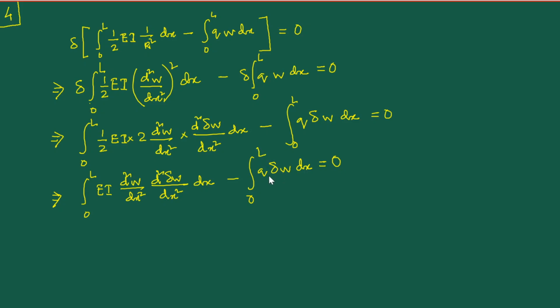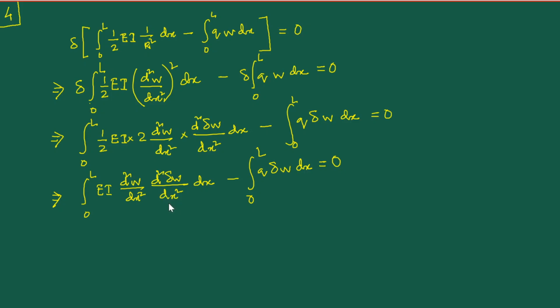Both of these are integrations from 0 to L. What we would like is a term which does not involve any such derivatives, rather only the first variation delta W, just as we have the first variation of W here. You see there are no derivatives of this delta W. So we want to transform this term so that the d square dx square disappears.